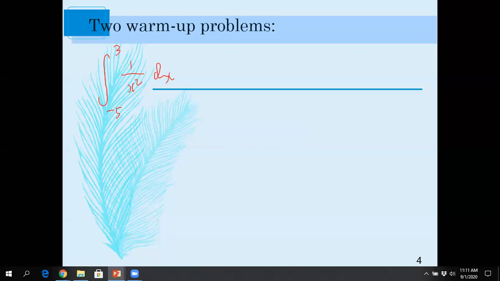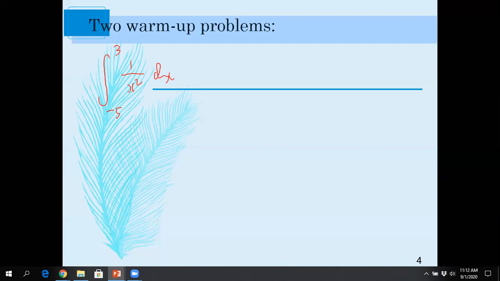Okay? Now you might say to yourself, well, that seems kind of easy. Why don't I just find an antiderivative and plug in the endpoints and take the difference? Well, the issue is the fundamental theorem of calculus demands that the thing you're integrating has to be continuous on the interval that we're thinking about. Does that make sense?